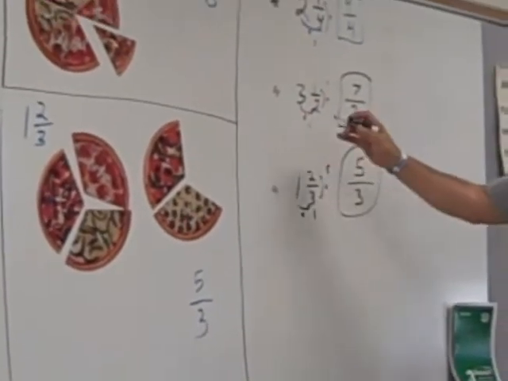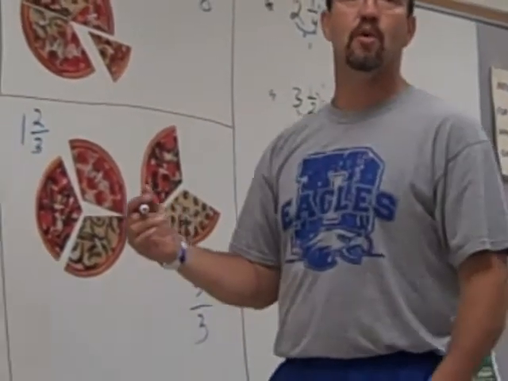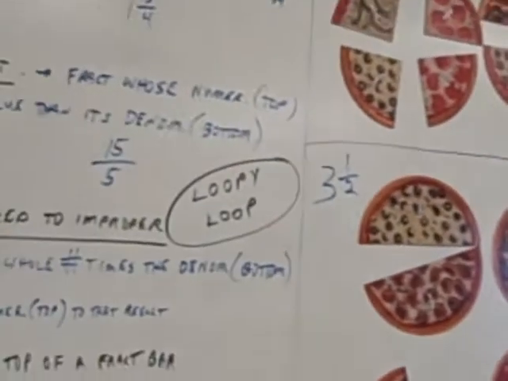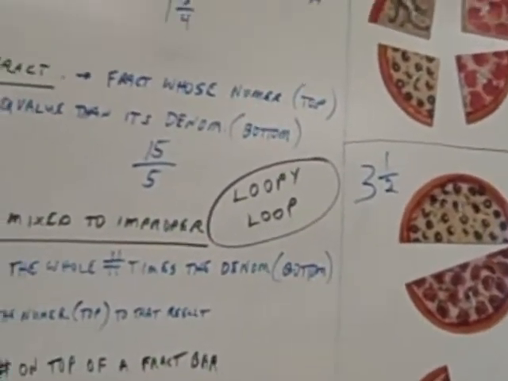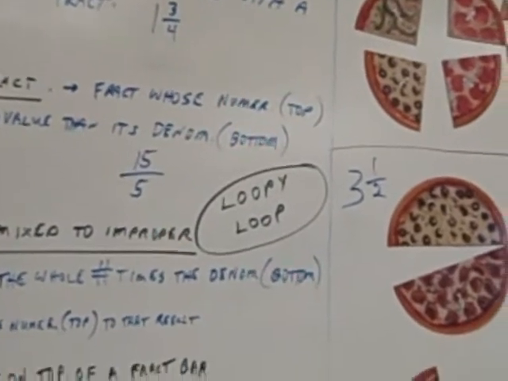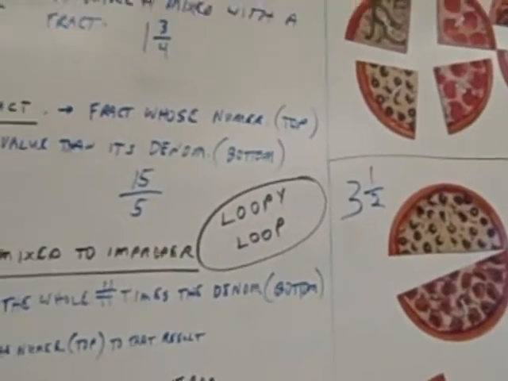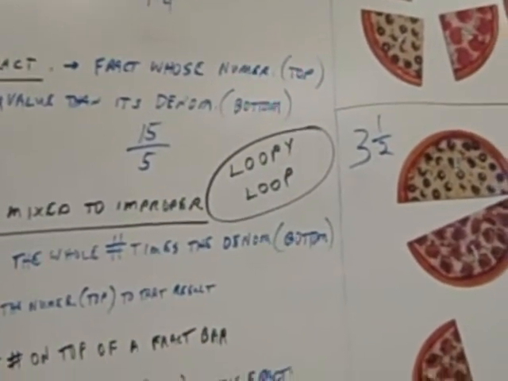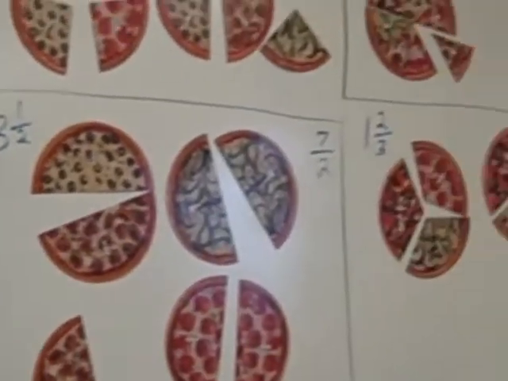Loop times, loop plus. So I called it the loopy-loop because there's 2 loops. You loop times and then loop plus. The loopy-loop method. Pretty hard, eh? Yes, it is.